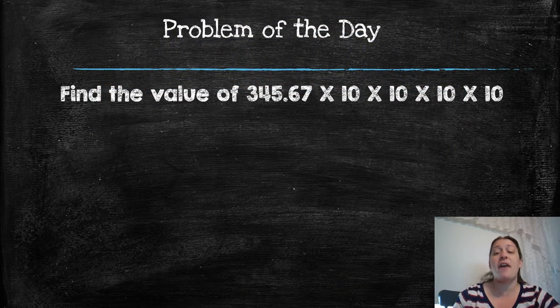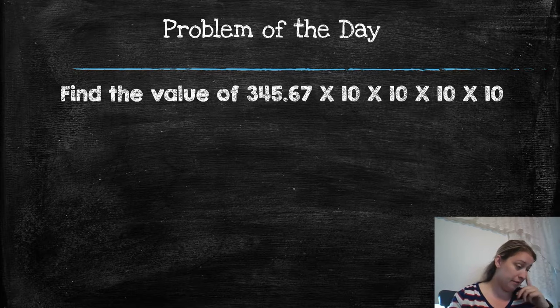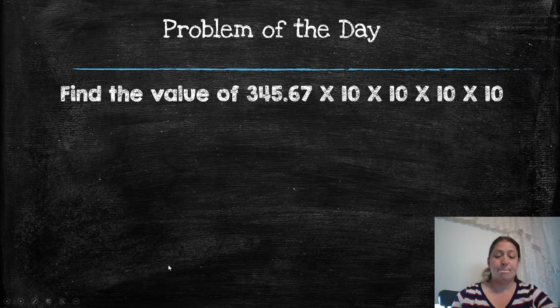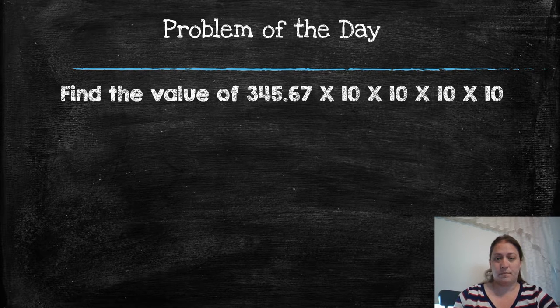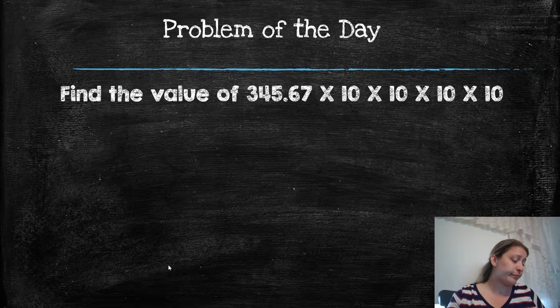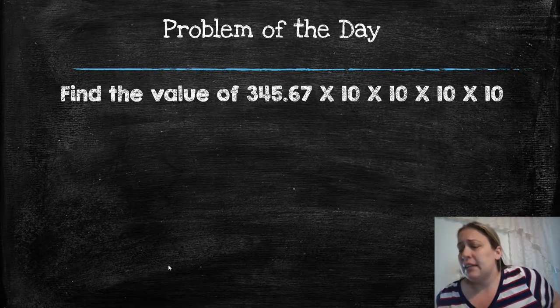So I want you to find the value of 345 and 67 hundredths times 10 times 10 times 10 times 10. Okay, now let's think about this.